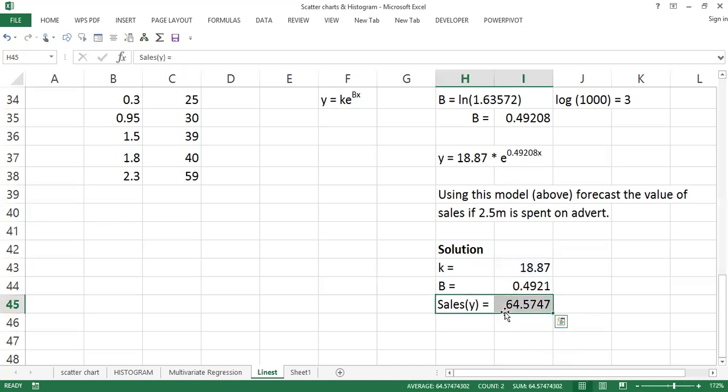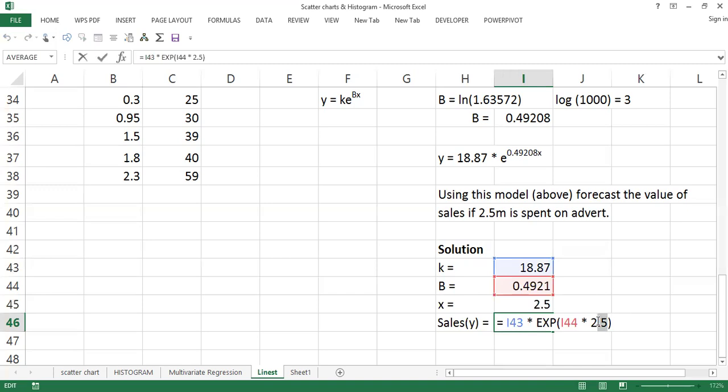Alternatively, I could have put the x here as well to make it standard. What's the value of x? 2.5. So here, instead of this one, I just click x. So that's it.